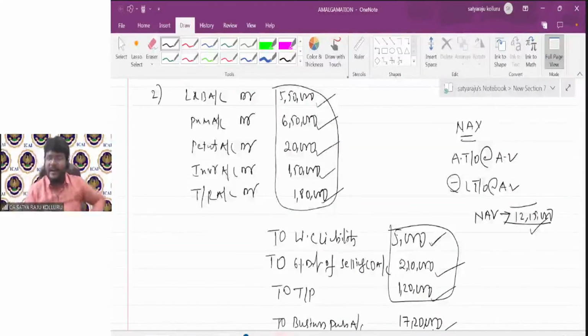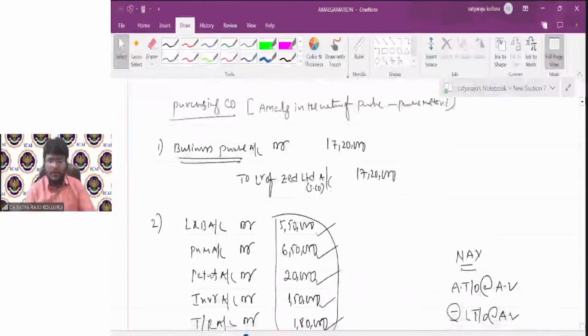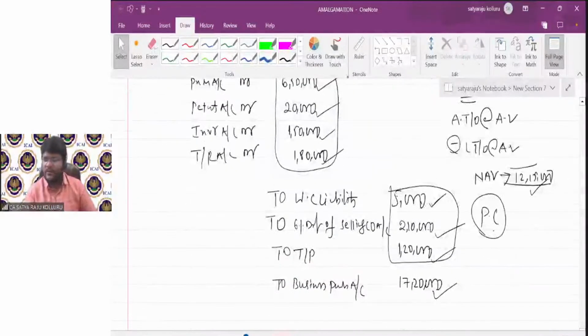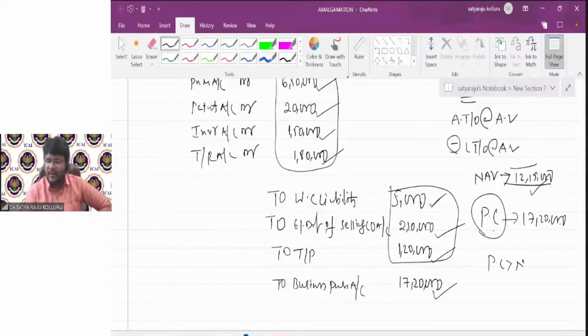Now in the second entry, we need to compare PC with NAV. Purchase consideration we already calculated in the working note, or it's in the first entry itself, which is 17,20,000. Now let me know what is the situation. Is PC greater than NAV or less than NAV? PC is greater than NAV. If PC is greater than NAV, then goodwill is how much?